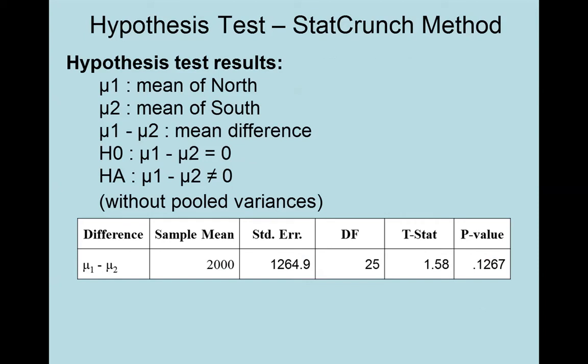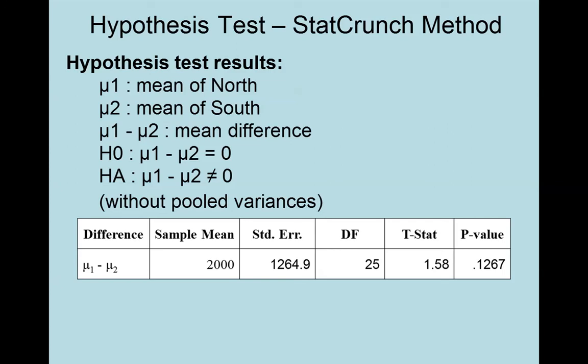Now let's look at what you would do if you had StatCrunch output, because you're not going to do the calculation now, but all the other information is going to be there, and you're actually going to get a more accurate p-value. In this case, it tells you the hypothesis test results. We're looking at mu1 being the mean for the north category, so these would be the houses north of Center Street.